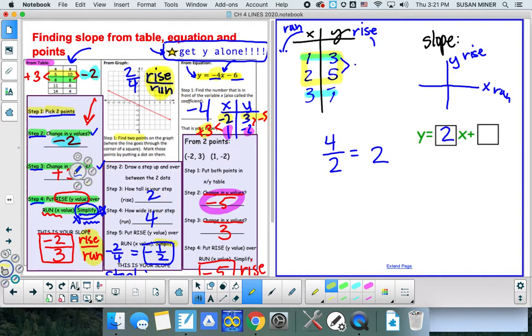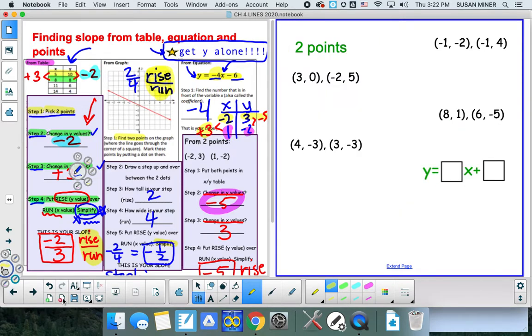From 3 to 5, I increased by 2. From 1 to 2, I increased by 1. If I use that rise over that run, I still get the same slope. So you can kind of start to see that it doesn't really matter which 2 points I choose off of my table.